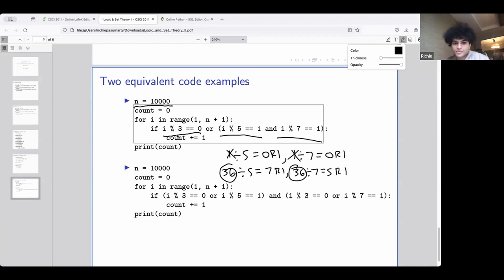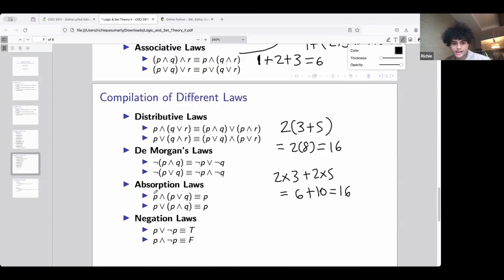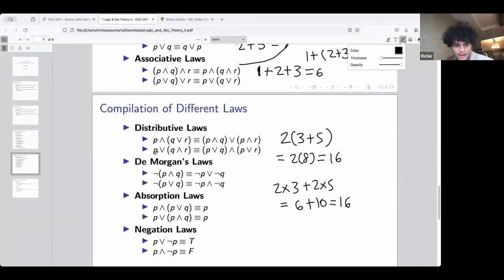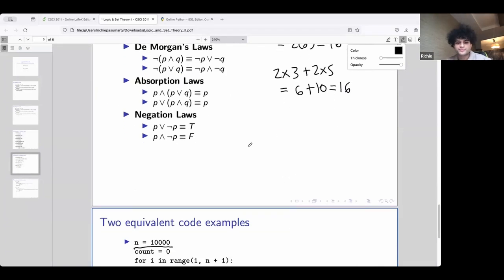Now, I'm going to rewrite this statement a little bit with the distributive law. What does the distributive law say again? It says that P or (Q and R) is equal to (P or Q) and (P or R).